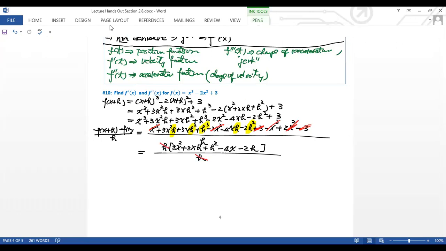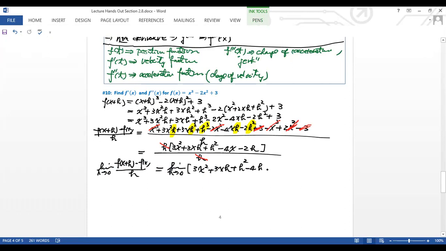So now I have a limit as h approaches 0. So this is f of x plus h minus f of x, and this is over h. So it will be the limit as h approaches 0 of 3x squared plus 3xh plus h squared minus 4x minus 2h.